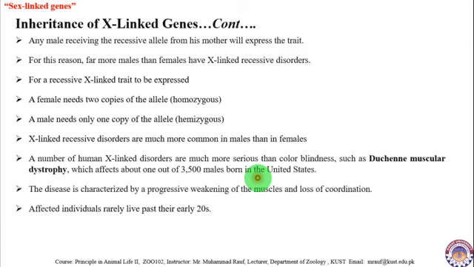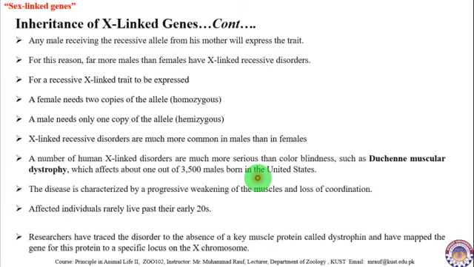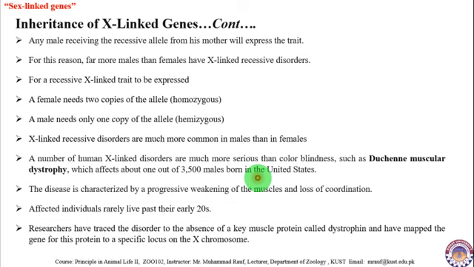Affected individuals rarely live past their early 20s. Researchers have traced the disorder to the absence of a key muscle protein called dystrophin and have mapped the gene for this protein to a specific locus on the X chromosome.